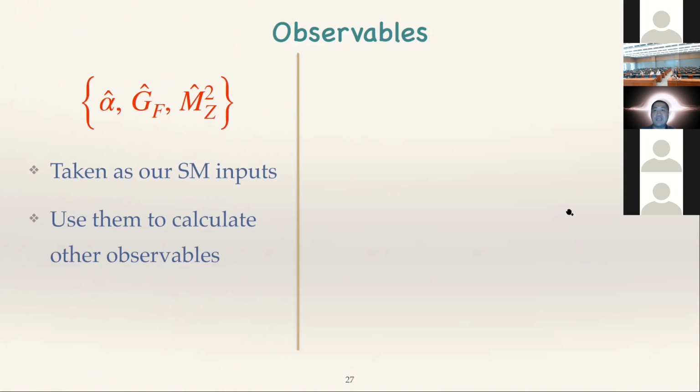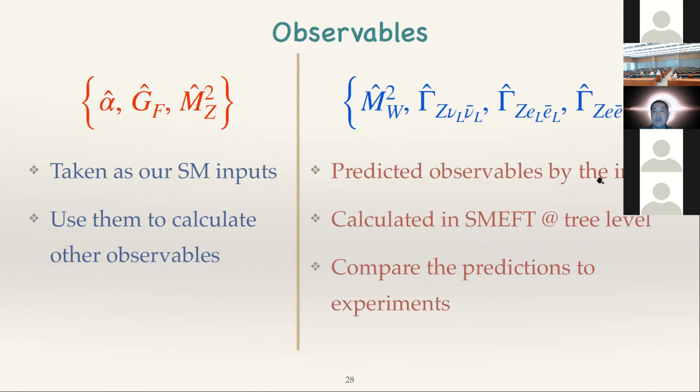So I said, we're going to construct a new indicator based on observables. So these are our inputs, right? The standard inputs alpha, G Fermi, mZ squared, and these are the electroweak precision observables that we take. Usually they're called the LEP observables, the Z-pole observables, right?